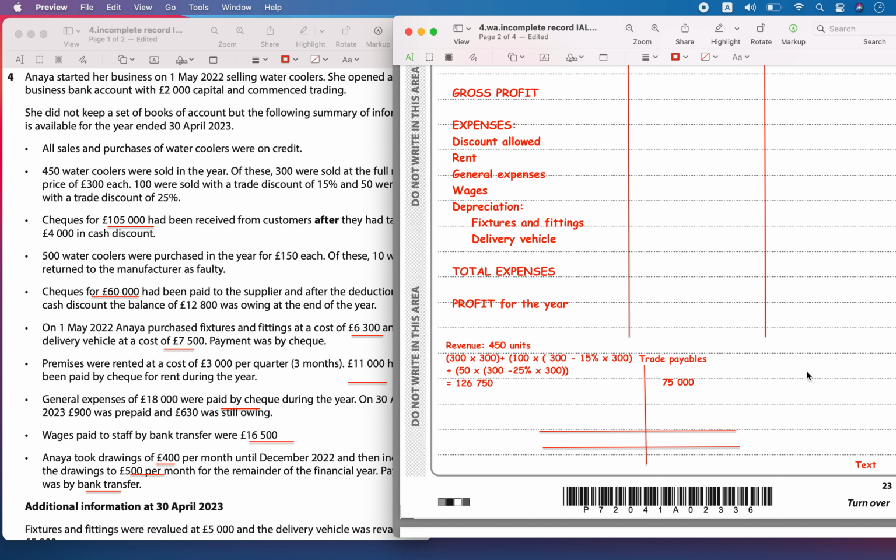Out of that some were returned, so you will go on the debit side and reduce 1,500, and then towards that the business paid 60,000 by cheque. So you will record that. Then because they paid, they got a cash discount. This is cash discount received by the business.